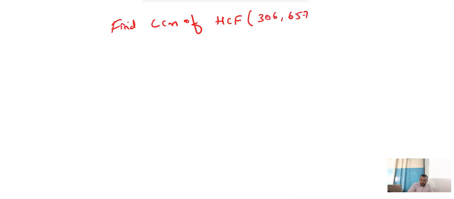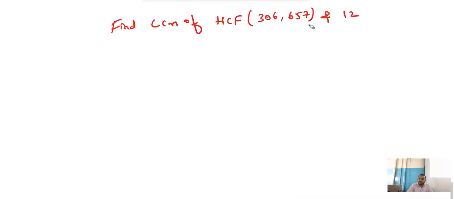Find the LCM. Make a note fast. Find the LCM, given the HCF of 306, 657 is 12.